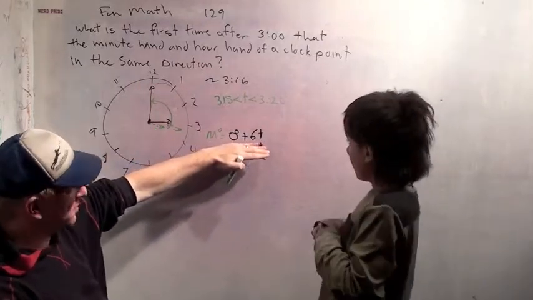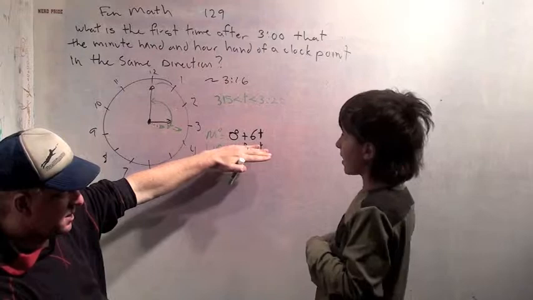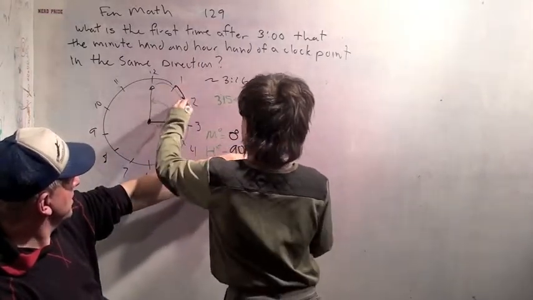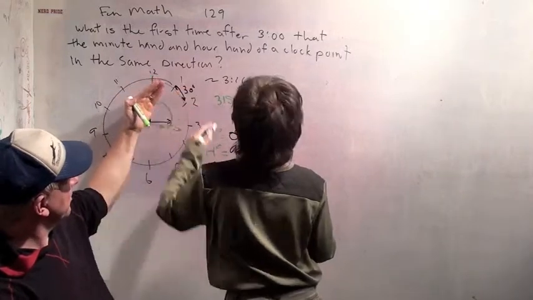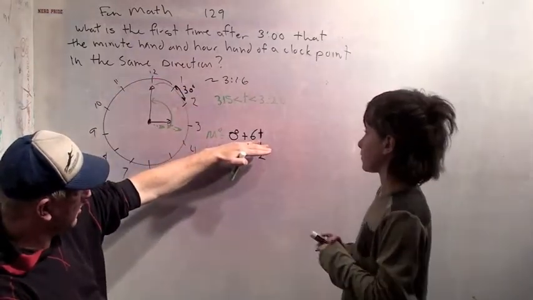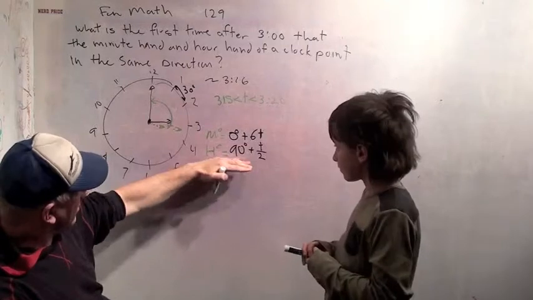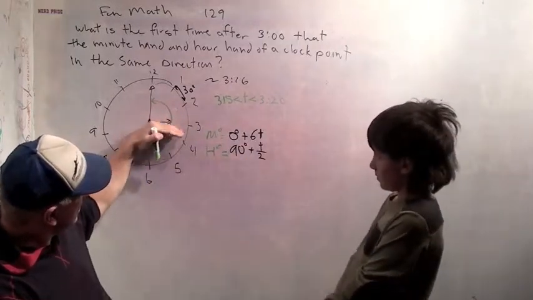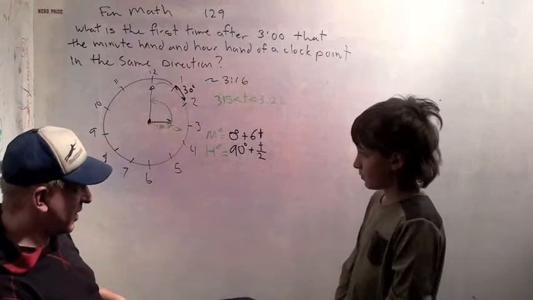Why does the minute hand move 6 degrees a minute? Because it takes 5 minutes to go one of these 30-degree pie wedges. Okay, it takes 5 minutes to move 30 degrees, so that means it's moving 6 degrees per minute. The hour hand starts at 90 degrees and it moves half a degree per minute because it takes 60 minutes to move one of those pie wedges.